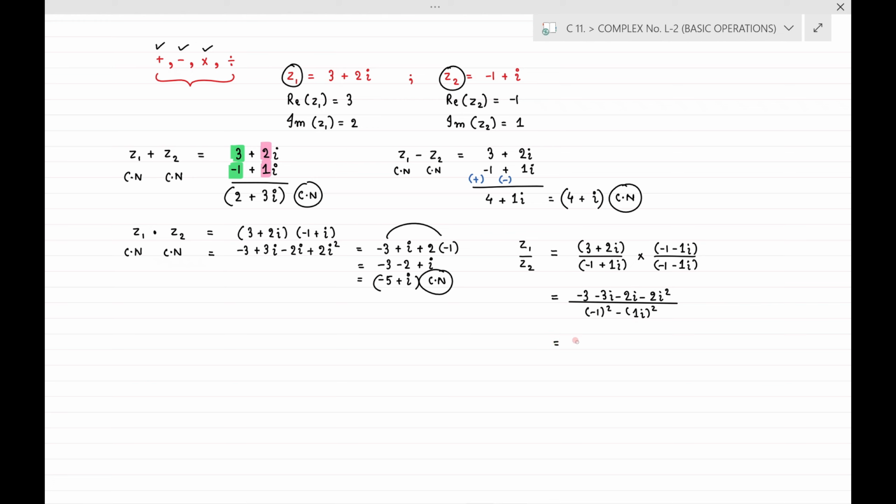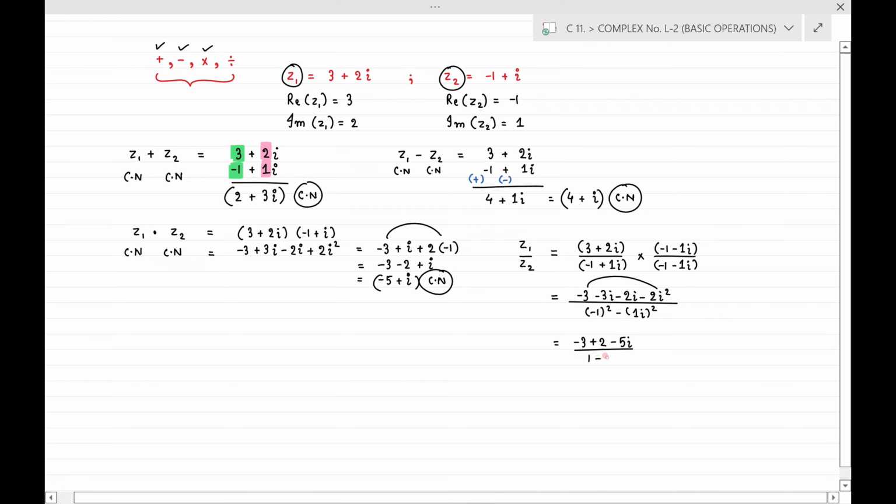Now in numerator part, minus 3 plus 2, since iota square is minus 1, minus 1 into minus 2 gives you plus 2. So minus 3 plus 2, and minus 3 iota minus 2 iota gives you minus 5 iota, the whole thing divided by 1 minus iota square.